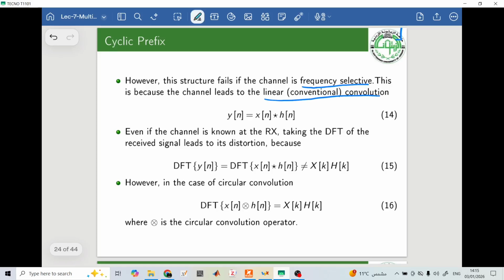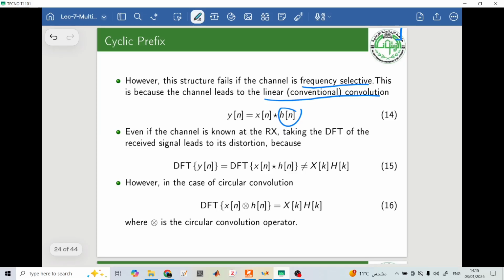Because it's frequency selective, it will have an ISI component to it, meaning that the symbol will be spreading in the time domain due to the convolution of the channel, right?